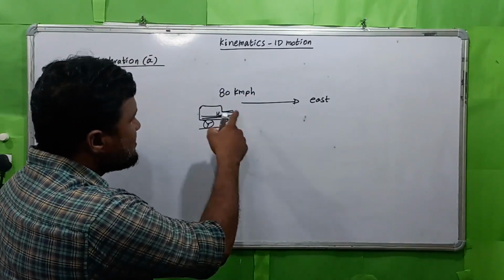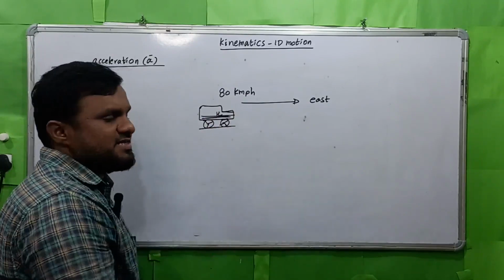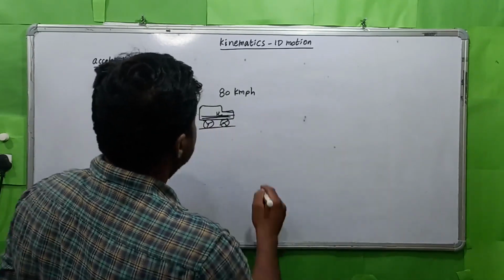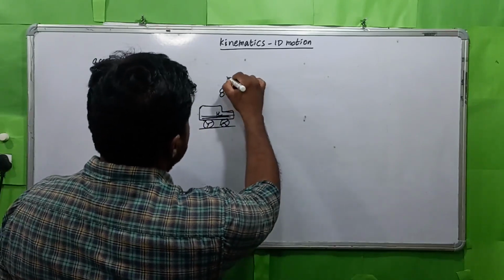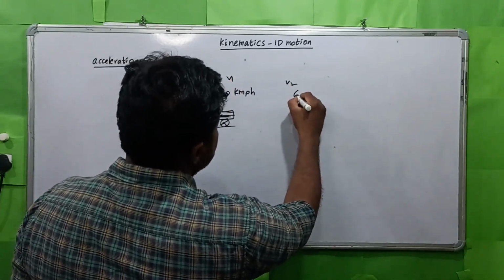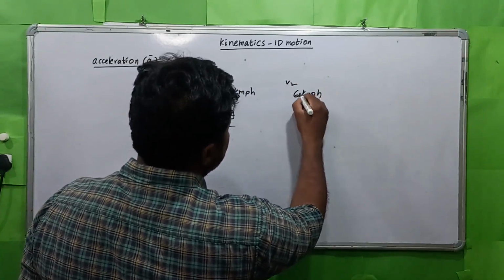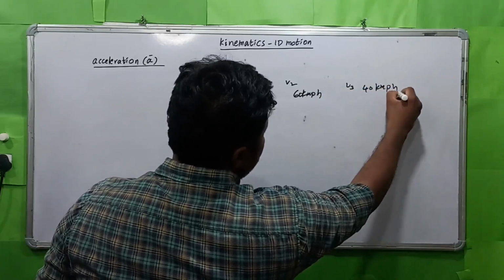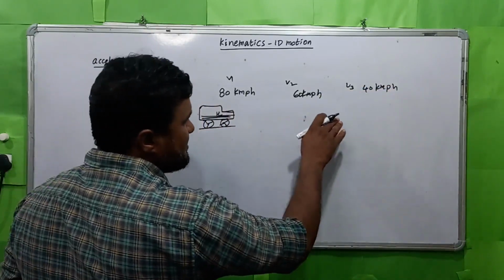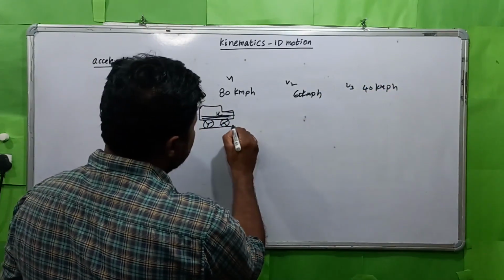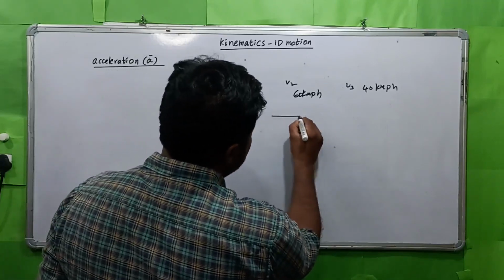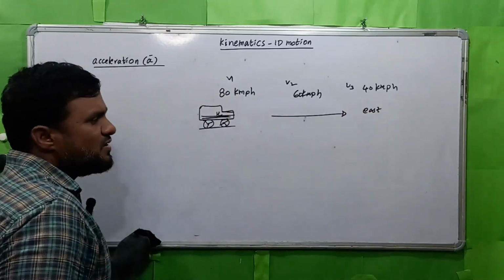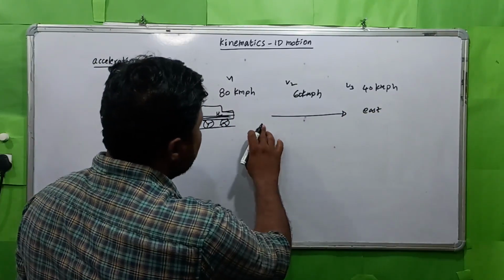Suddenly, its speed is going to decrease. This is V1, for example, V2 60 kilometer per hour, V3 40 kilometer per hour. Like this, speed is going to decrease, but the direction of motion of the car remains towards east only, but it is taking deceleration.